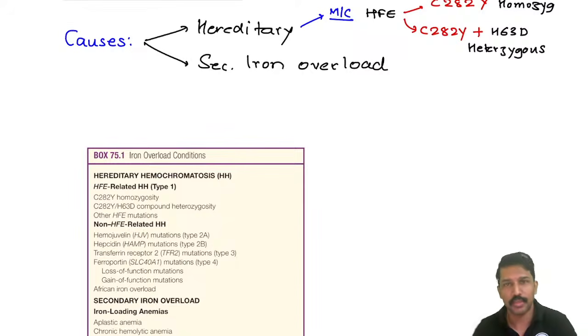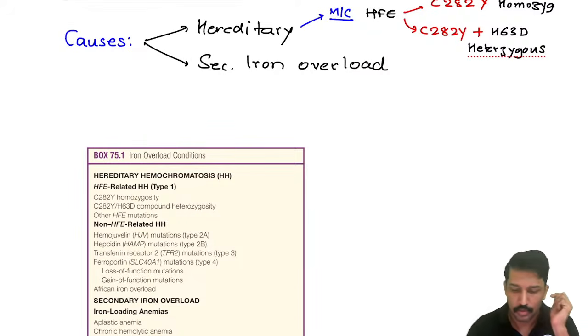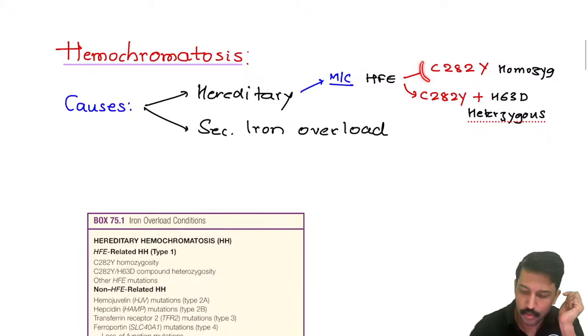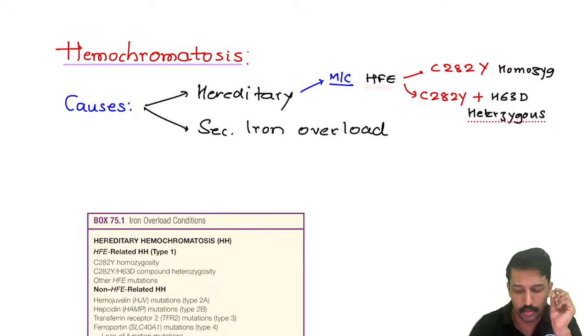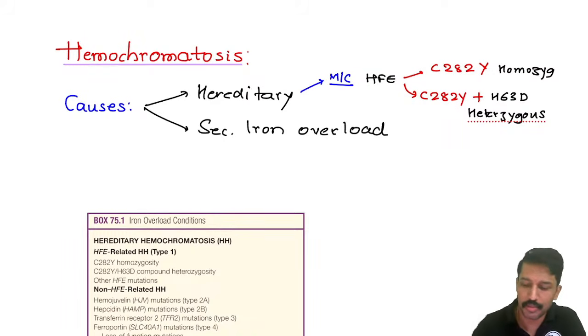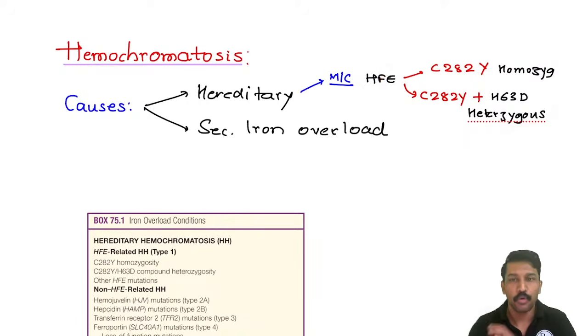So either a homozygous C282Y mutation in the HFE gene, or one C282Y mutation in one HFE gene and an H63D mutation on the other HFE gene. These are more common causes for hereditary hemochromatosis.